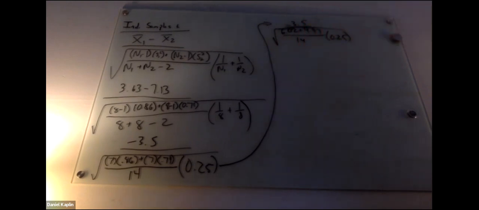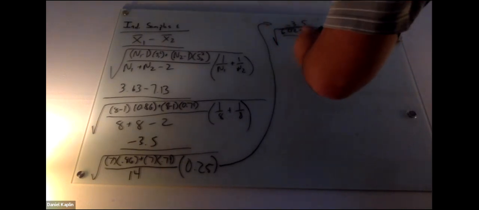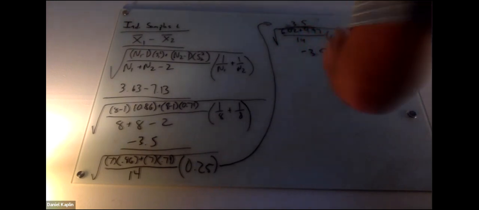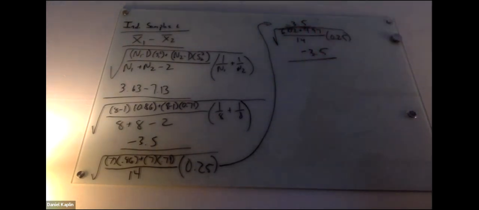What's interesting, if you're wondering what's going on here, is that I'm slowly simplifying everything. The last thing I'm going to do with the denominator is take the square root. So now we have minus 3.5 over, well, what is 6.02 plus 4.97?